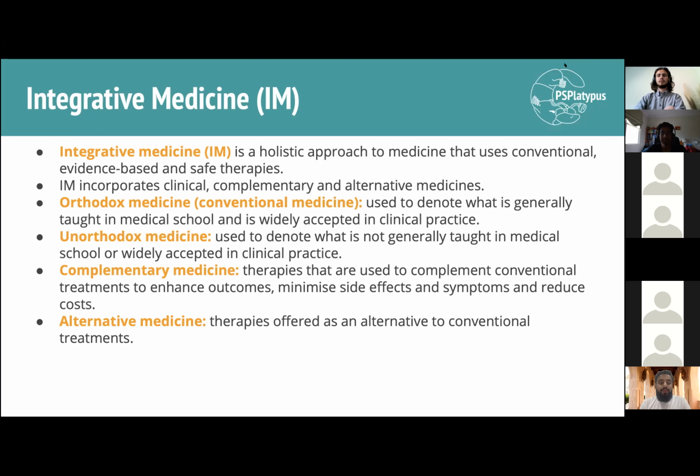Then we have orthodox medicine, which is the conventional medicine, and it's generally what you learn during your medical school, and it's widely accepted in clinical practice. Some people call it scientific medicine because it's based on science, and everyone should use it.